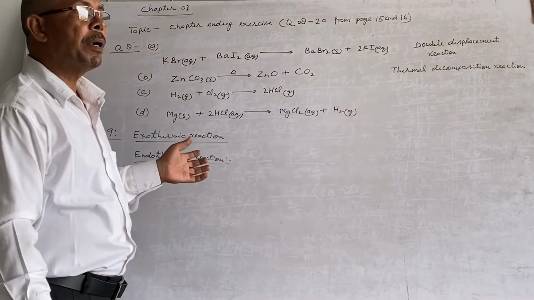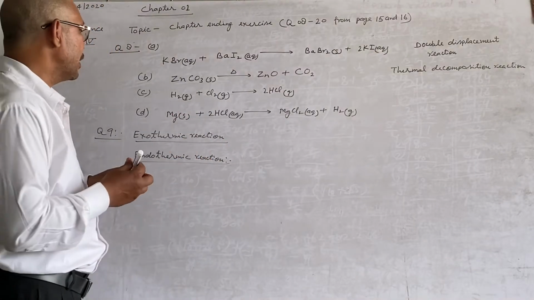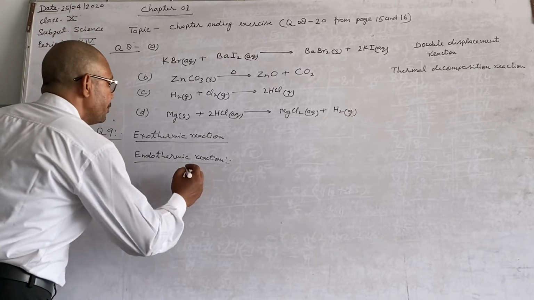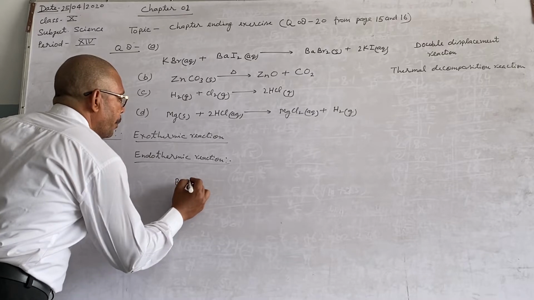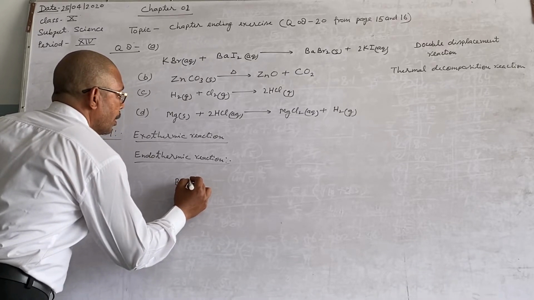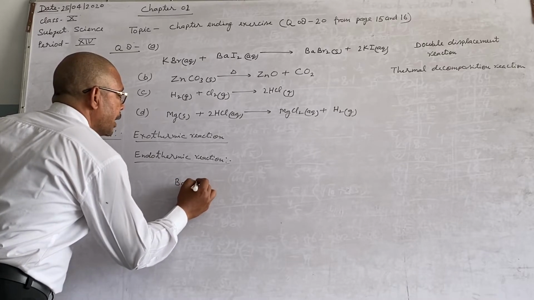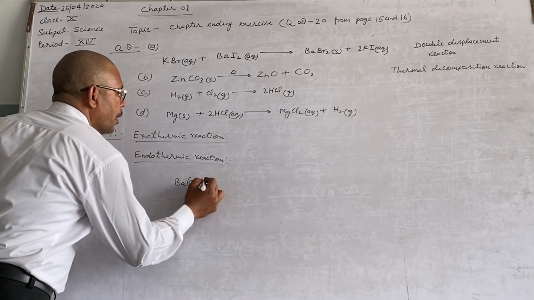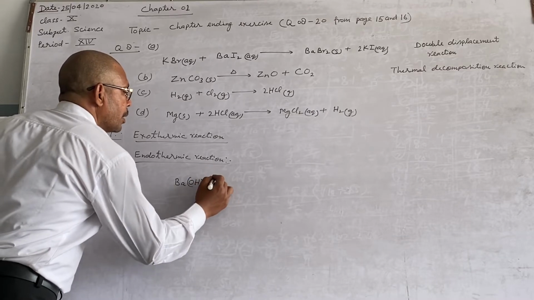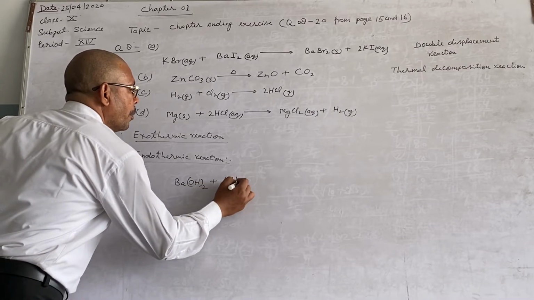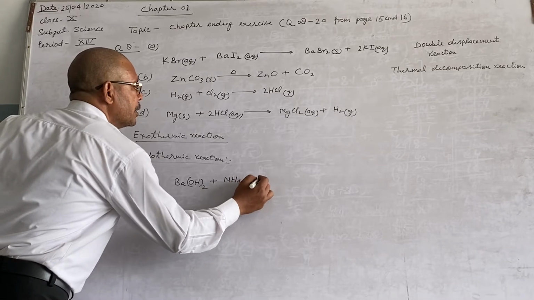As an example of endothermic reaction, you may take barium hydroxide plus ammonium thiocyanate.